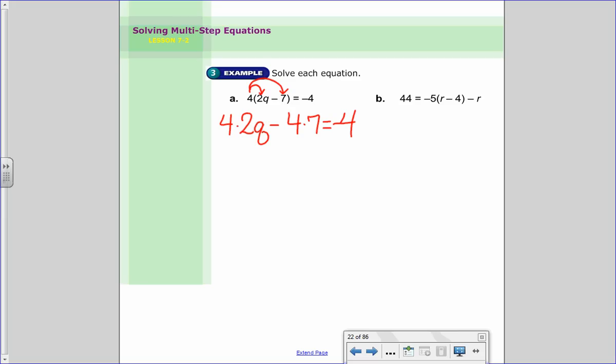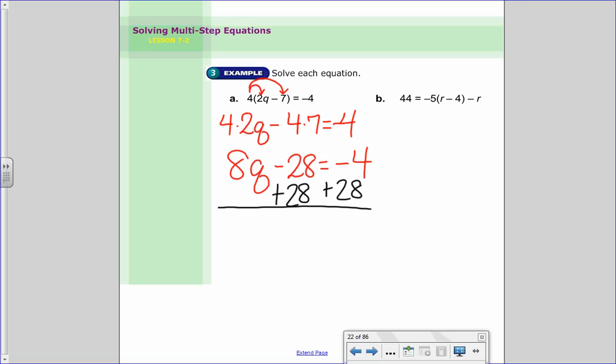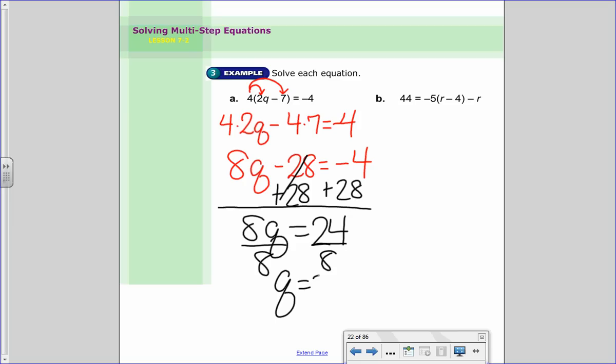And if I do this, 4 times 2q is 8q, minus 4 times 7 is 28, is negative 4. Then we solve it. Well, I add 28 to both sides, and I'm left with 8q is equal to 24. Divide by 8, and I have q is equal to 3.